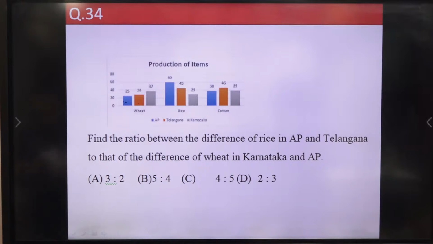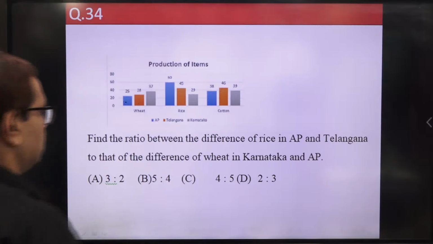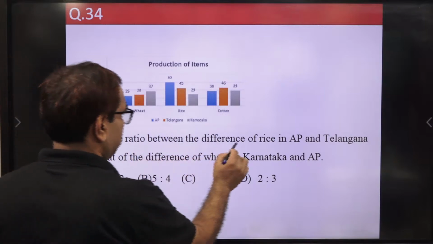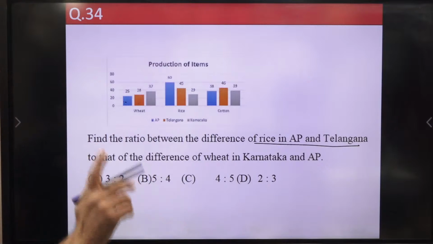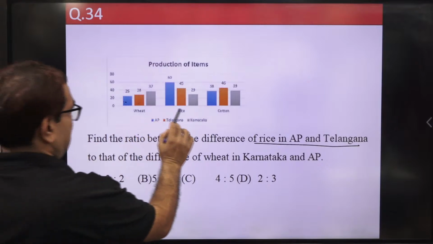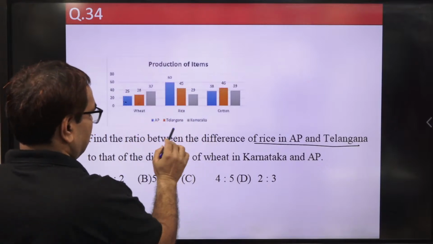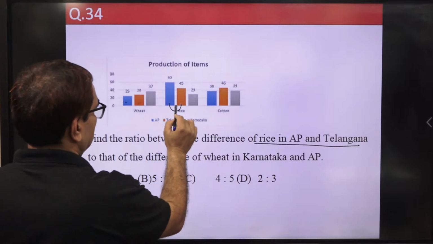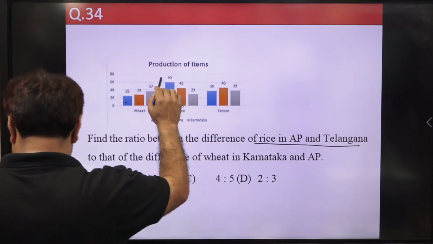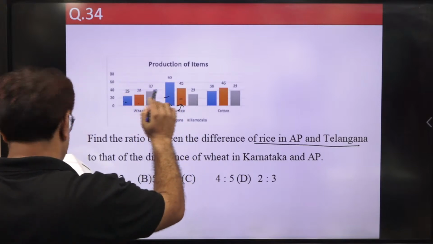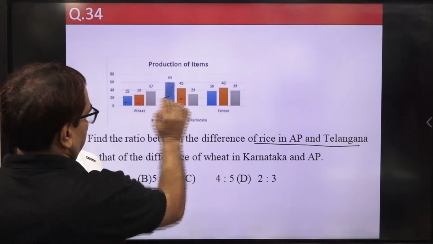Just by reading the values, you can give the answer. So let us talk about rice, AP and Telangana. It means between these two. This is for AP and this is for Telangana. This is 60, this is 45.